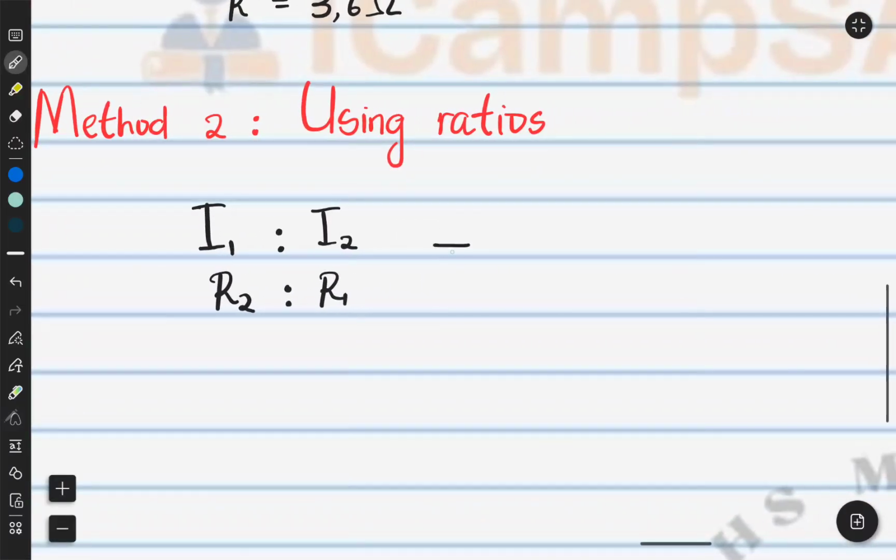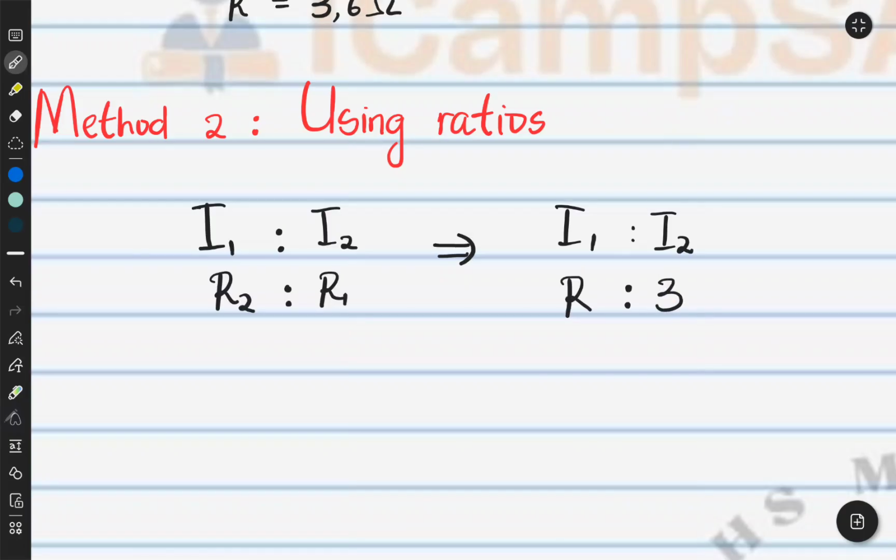So if I substitute here, it means I1 is to I2 would be, what is my R2? My R2 is simply R. We don't know what that is. What is my R1? We said R1, we will take it as 3 ohms.